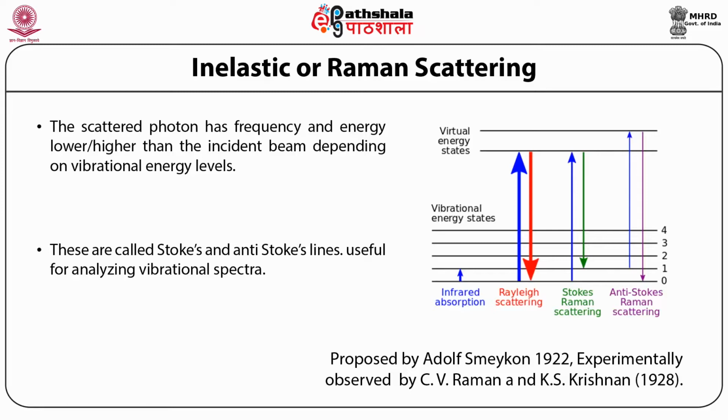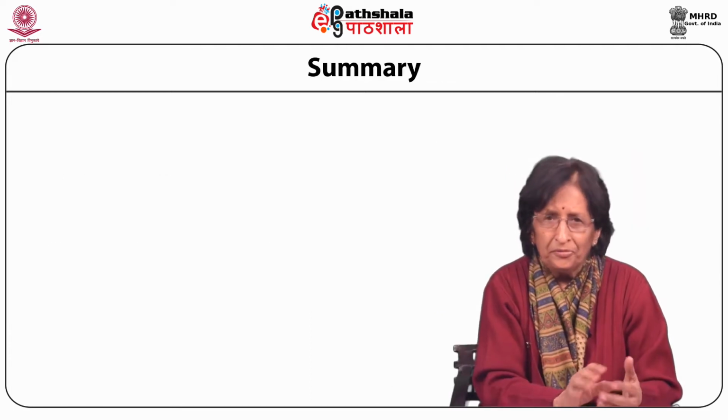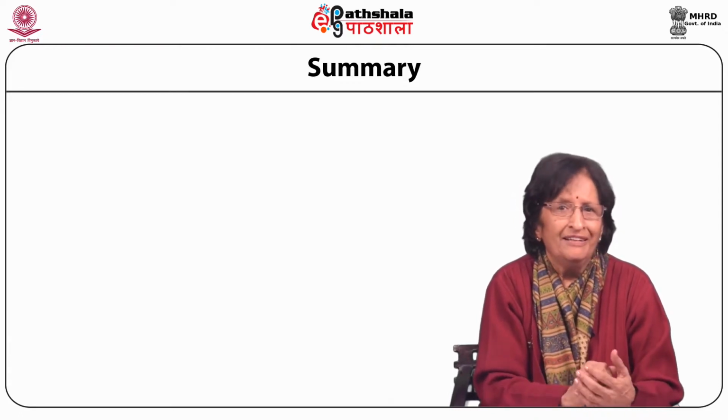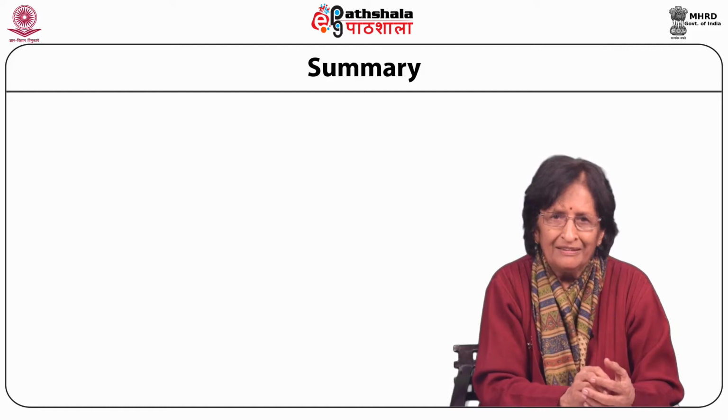The emitted light can have lower energy or higher energy depending on the phenomenon, and these are called Stokes or anti-Stokes lines, and they are extremely useful for analyzing vibrational spectra, which are normally difficult to do using UV spectroscopy.